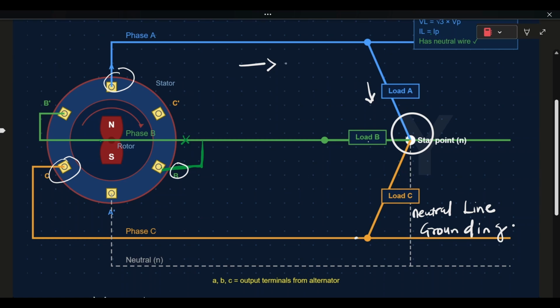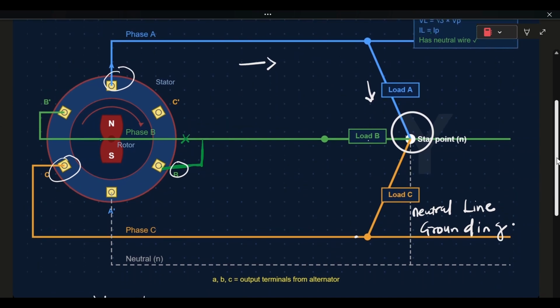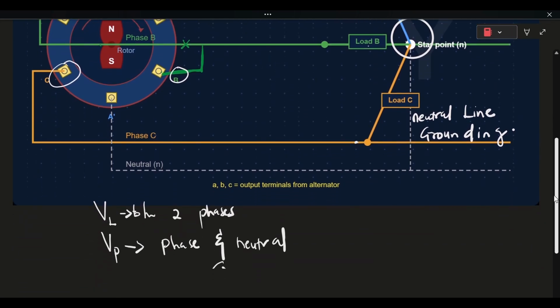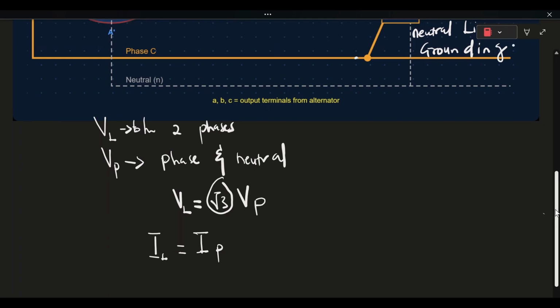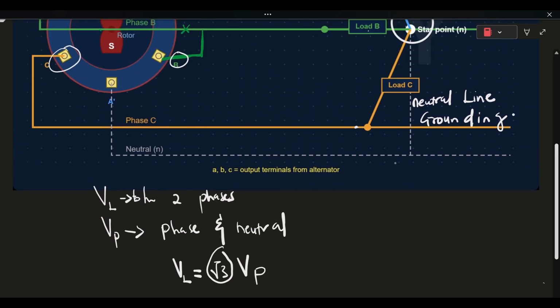So our line current, the current flowing through the line, is the same as the current flowing through the phase for the Y connection. So now, because of the availability of this neutral line in the Y connection, the Y connection is mostly used for distribution purposes.